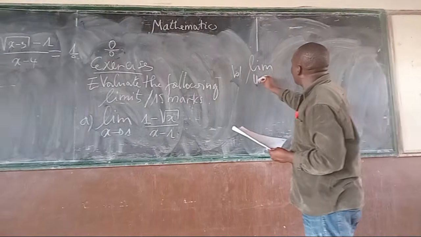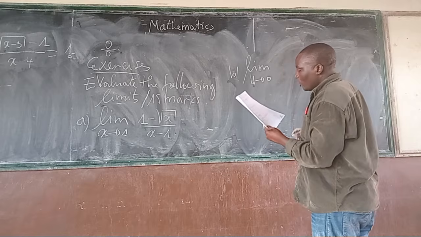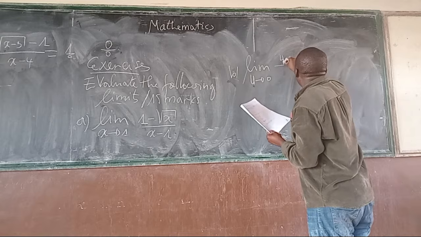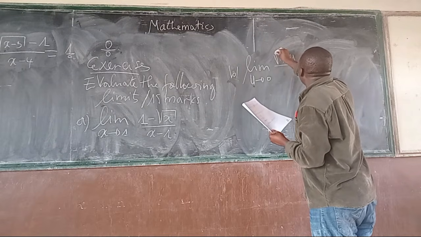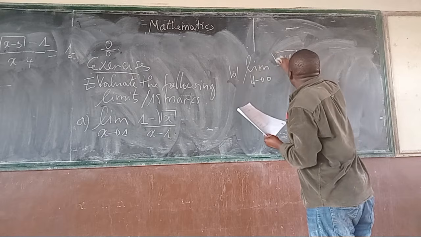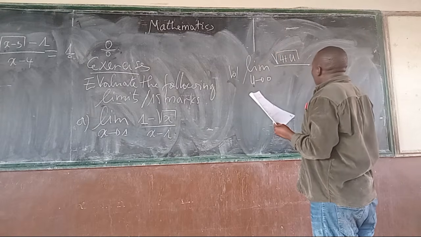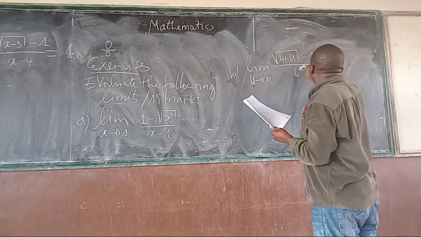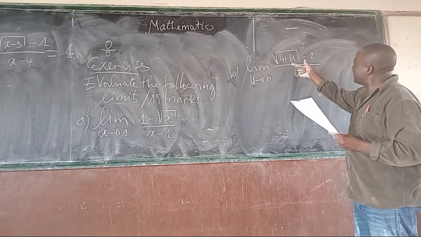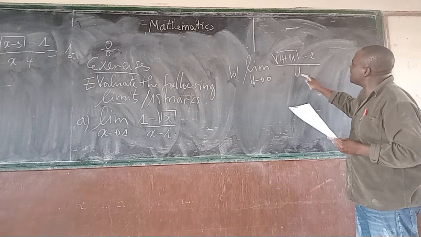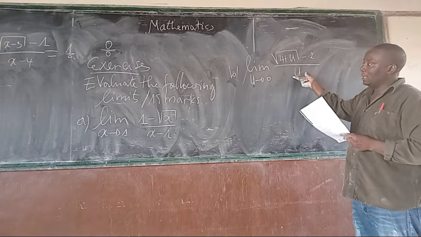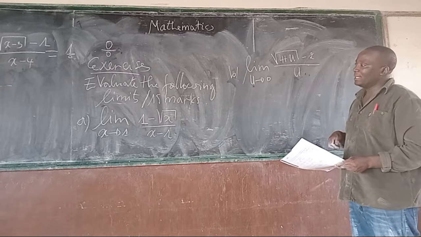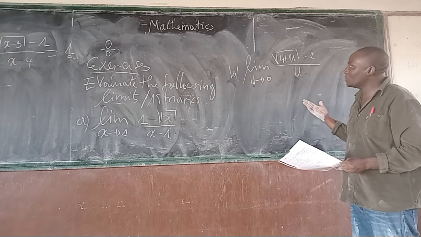Here you can use u tends to 0 of your given function as a ratio of square root of 4 positive u, then negative 2, out of u. Here, teachers, your given function is expressed in terms of variable u. I say again, don't be familiar always with x only. x is a variable that can change.